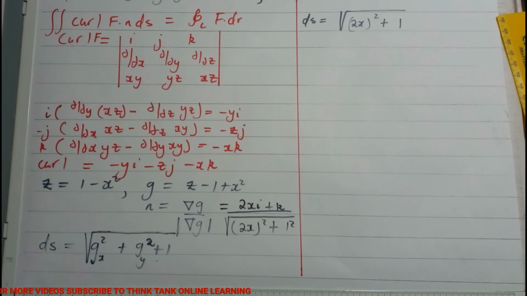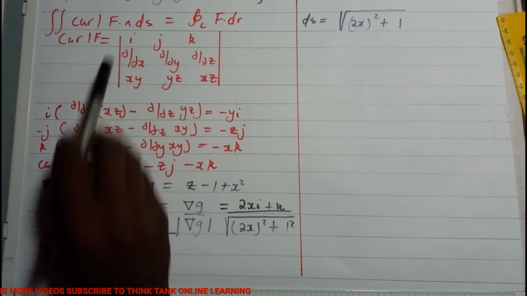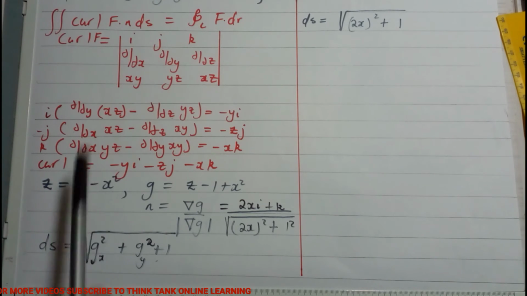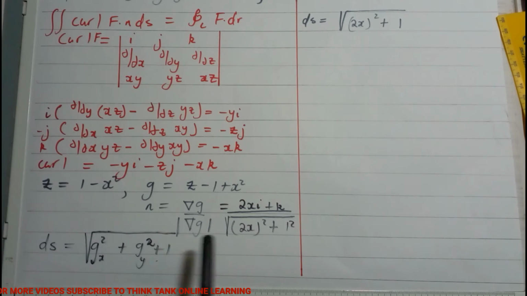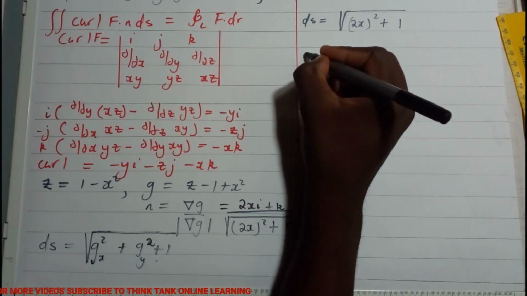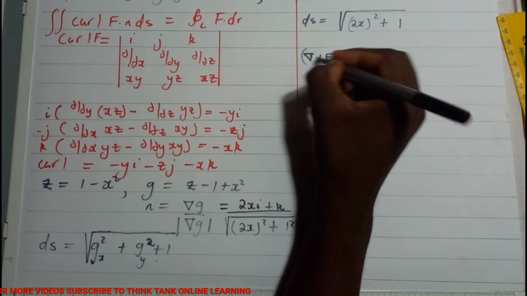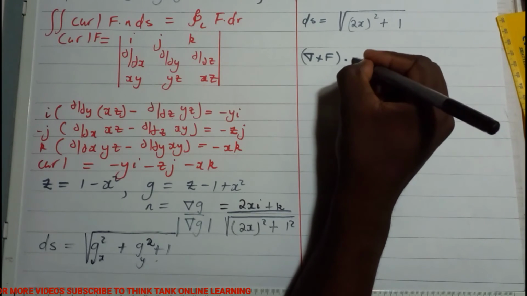Okay, so if we look at our integral, this is the dot product. Okay, so what I'm going to do, I want to find the dot product of the curl of f and the normal. So I'm going to say here, this is the curl, so it's normal.